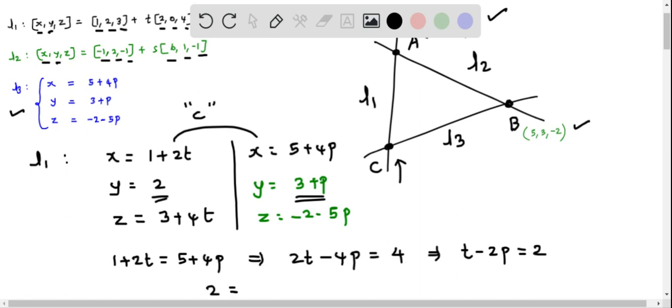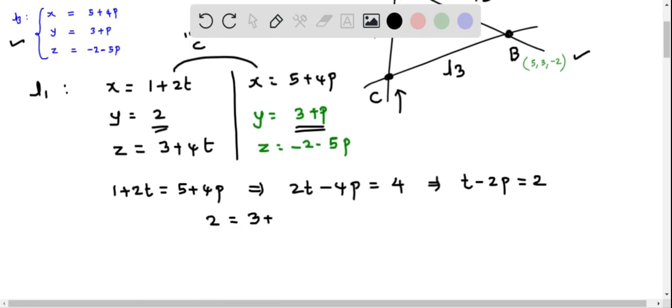So we write down 2 equals 3 plus p. From this, we can determine the value of p, and p equals 2 minus 3, which is negative 1. So we determine the value of p.